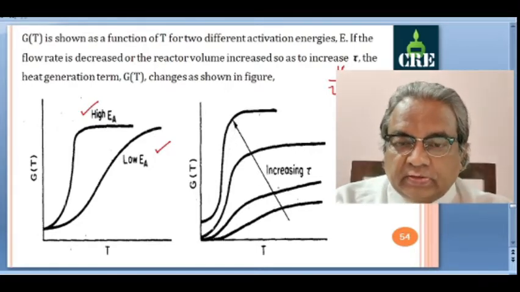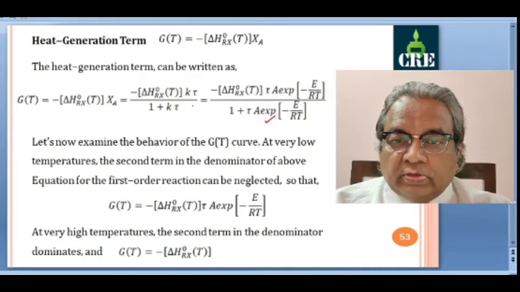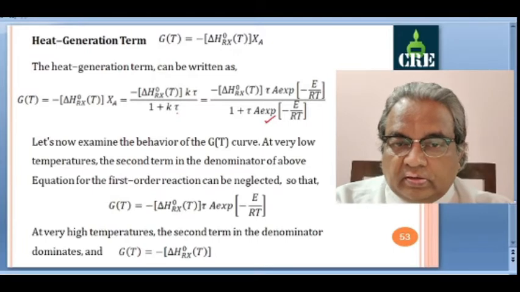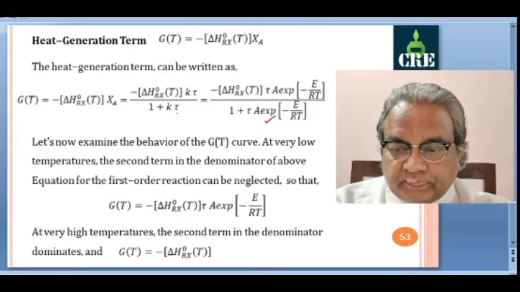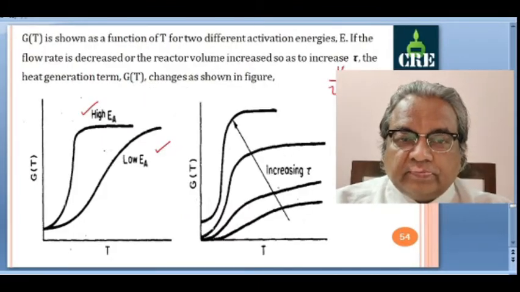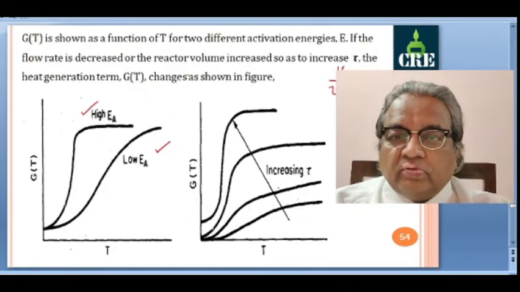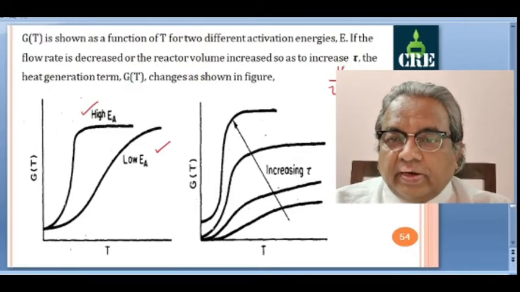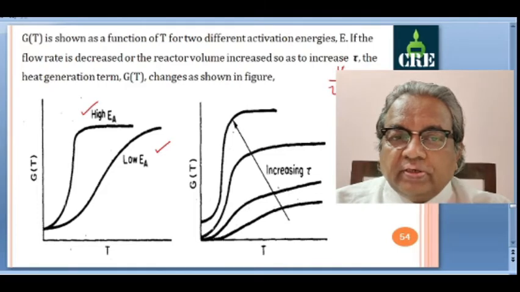As we have this function, K tau by 1 plus K tau, tau value is there, and with change in activation energy we have seen the possibilities, and with increasing tau, you can increase tau by decreasing flow rate or increasing the volume.